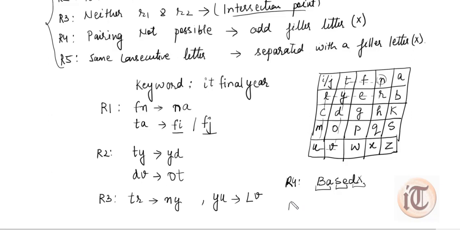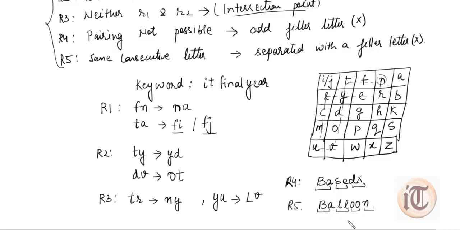Okay. Now rule 5 is, if the same consecutive letters are encountered, then we separate those consecutive same letters with a filler letter. Suppose I have a word like balloon. So the spelling of balloon is B-A-L-L-O-O-N. Now see here, if I take 2 letters at a time, the pairing will be like this.